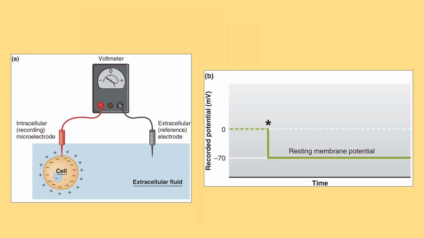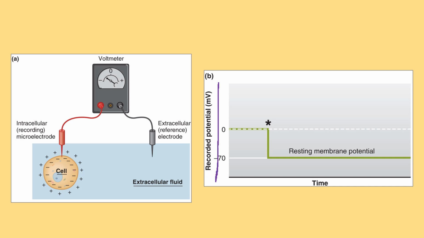So in panel A on the left, we have the voltmeter, the cellular voltmeter that I just explained. And in the panel on the right, we have a graph that shows membrane potential over time. On the vertical axis here, we have membrane potential.